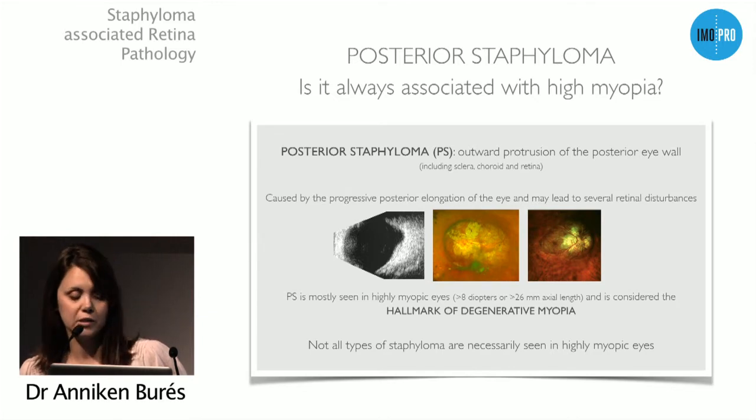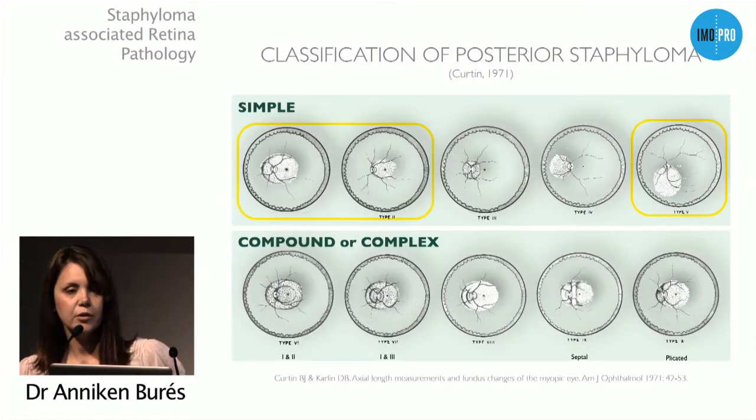But as we will see, not all myopic eyes have a staphyloma, and not all types of staphyloma are necessarily related to myopia. So Curtin and colleagues developed a classification system for the posterior staphyloma more than 40 years ago. Some of us weren't even born at this time, but the classification is still valid, and if you feel the urge to classify the staphylomas, this is the classification that you could use.